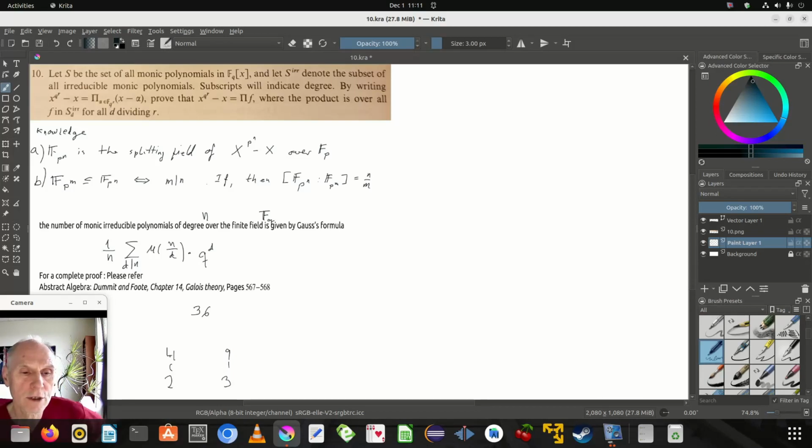Q squared is a subfield of Q to the 4th, and Q to the 6th is a subfield of both. And then we have 12 and 18, and then somehow adding the number of polynomials of these.